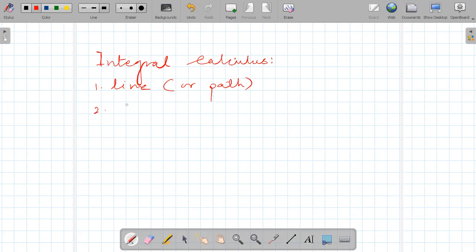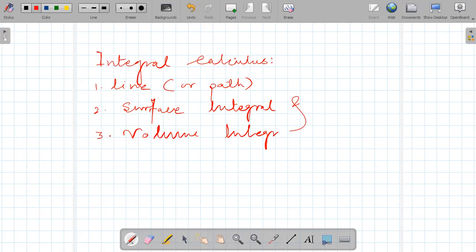Second is surface integral, also referred to as flux.